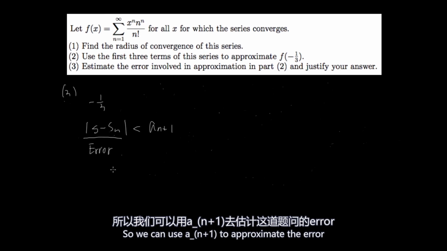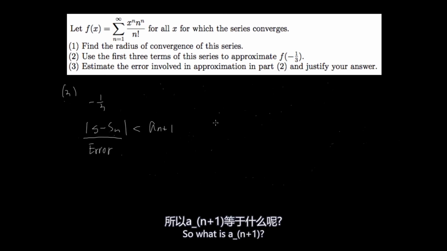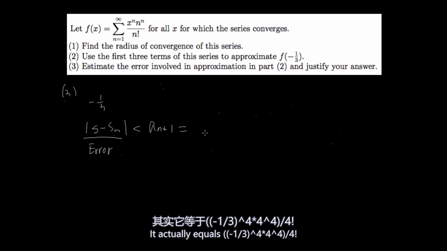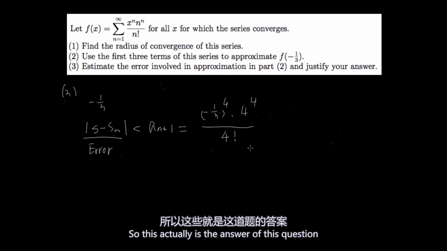So we can use a_(n+1) to approximate the error. So what is a_(n+1)? It actually equals to negative 1 over 3 to the power of 4 times 4 to the power of 4 over the factorial of 4. So this actually is the answer of this question.